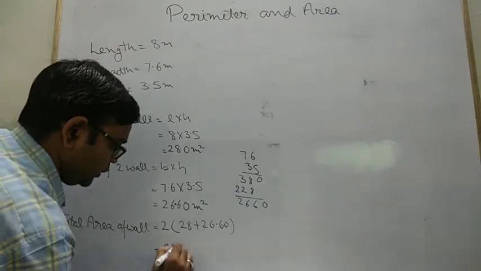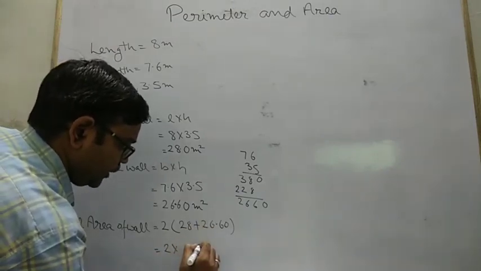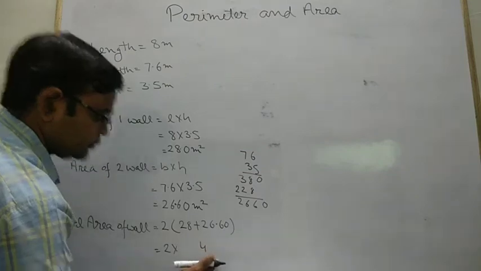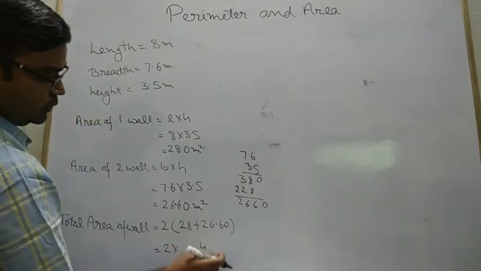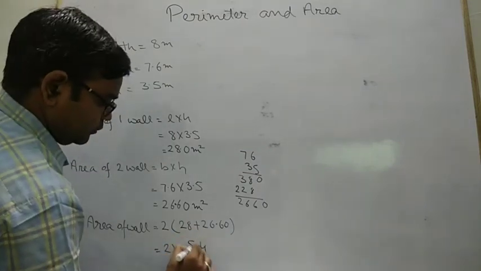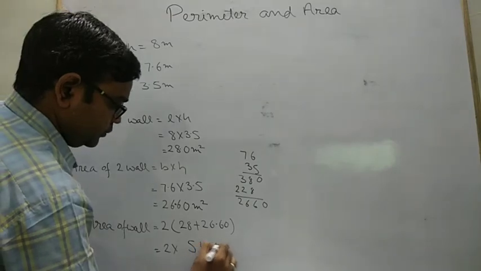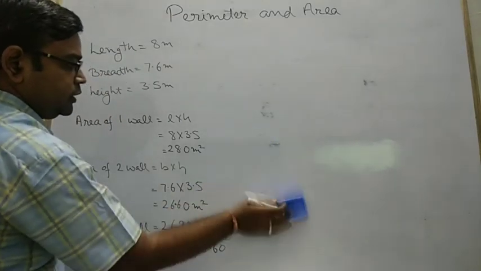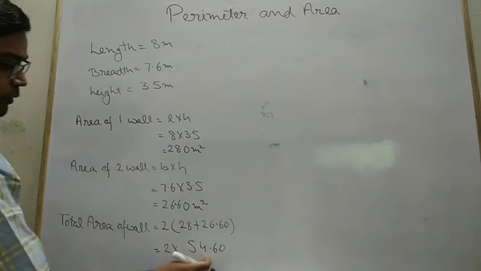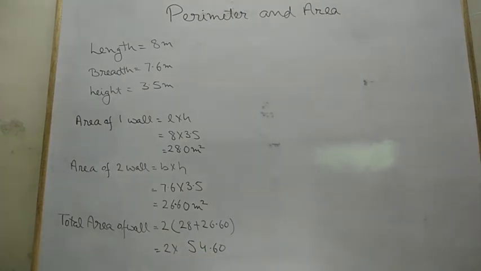It's 2 into, you can write down 8 6 14, 54.60. Clear? 2 into 54.60. This is the area of one side.